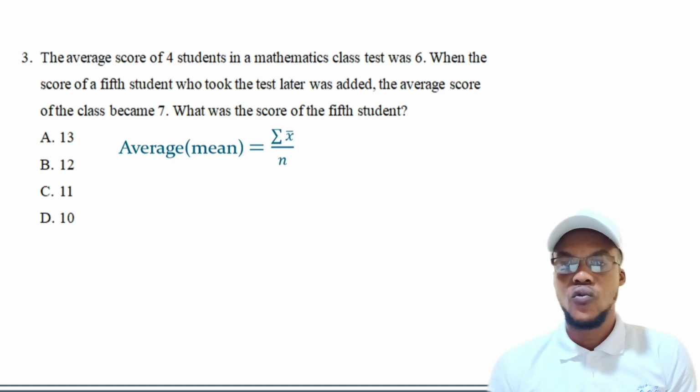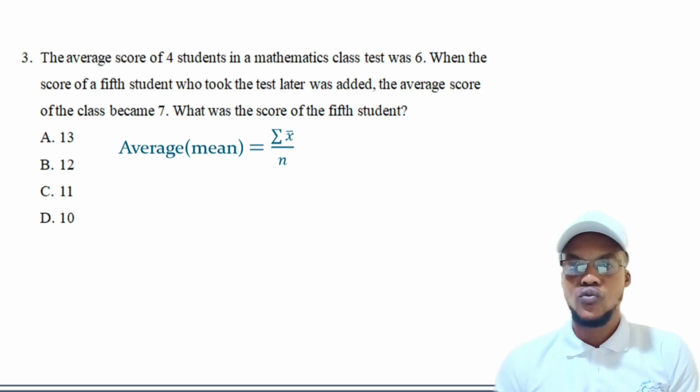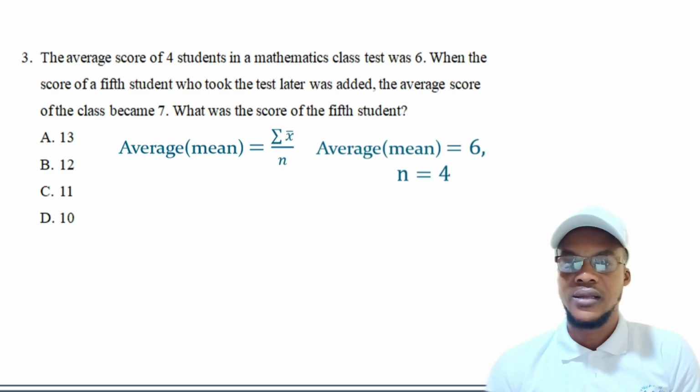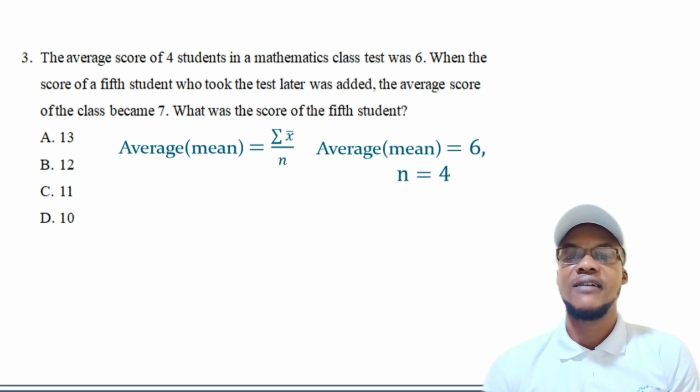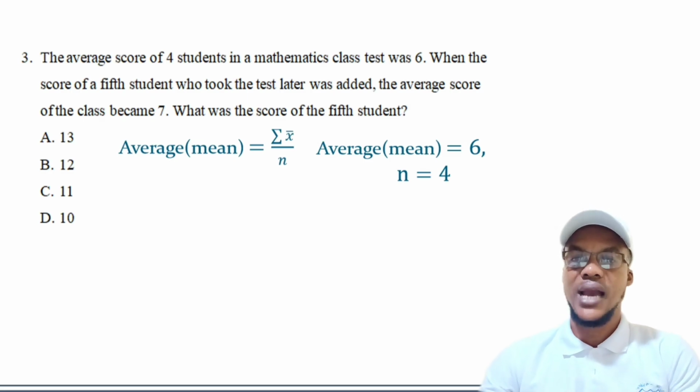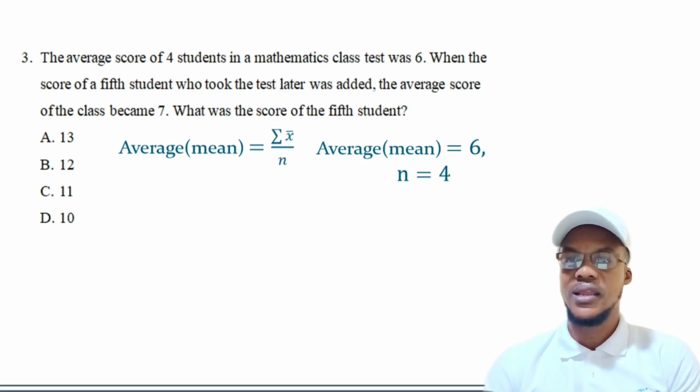That one we don't know, and that represents the numerator. So we need to look out for that one. Since we are given the average as 6 and the number of students as 4, we can just substitute and find the total number of scores the 4 students had. When we add all of their scores together, what are we going to get?